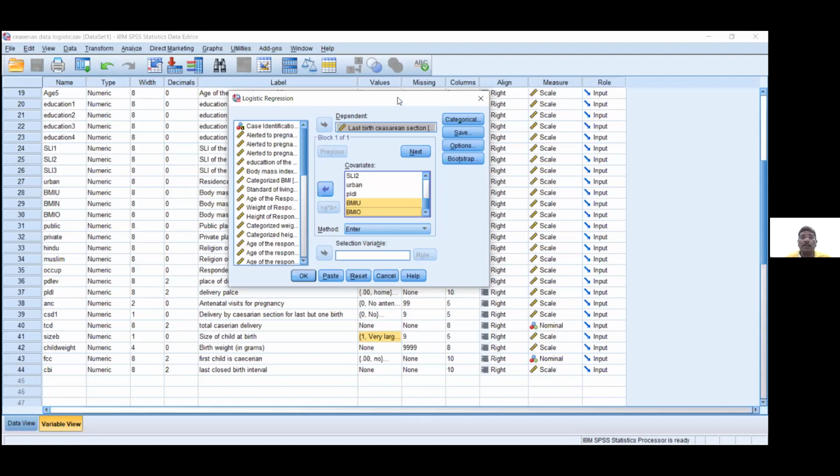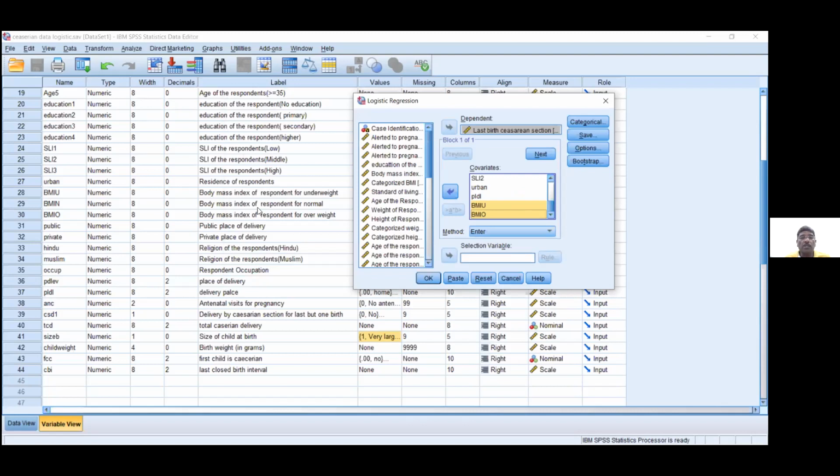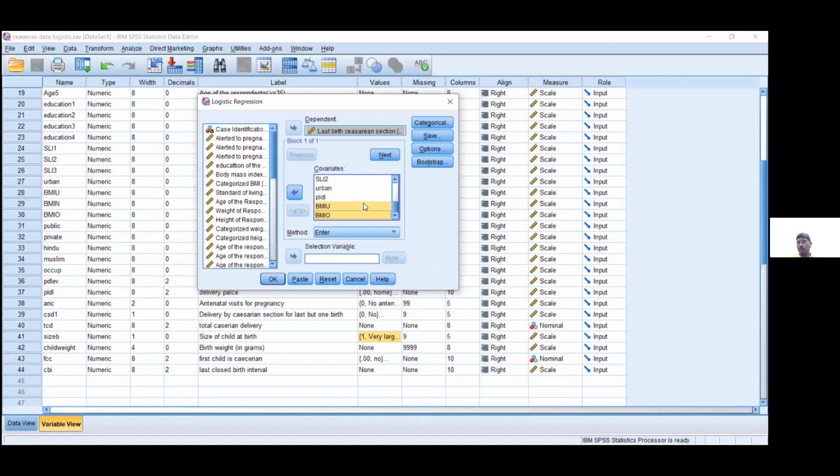There are three categories of BMI: underweight, normal, and overweight. I would like to compare with the normal category, but when you categorize the data with the software, the comparison group will only be underweight or overweight. So no need to do it there.